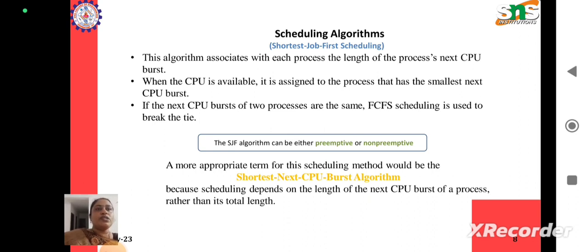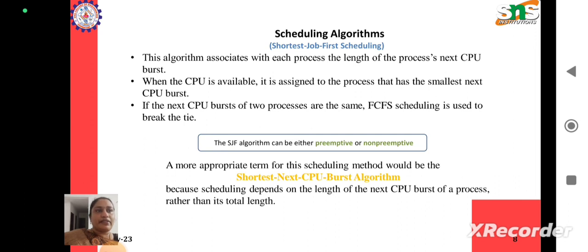So when the CPU is available, it is assigned to the process that has the smallest next CPU burst, and then this pattern will continue.